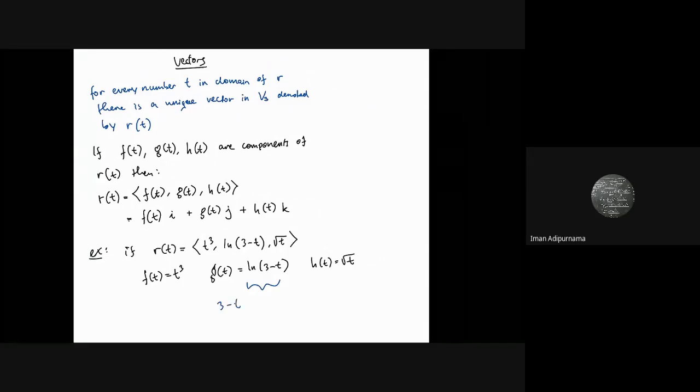We need 3 minus t to be greater than 0, and t also needs to satisfy the square root. So the domain will be from 0 to 3, closed at 0 and open at 3.